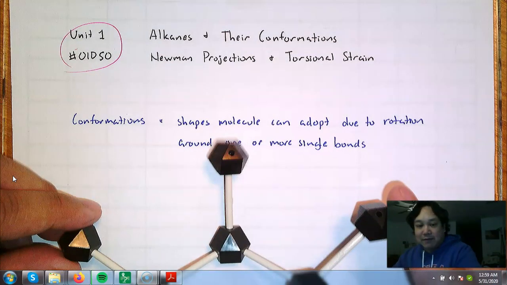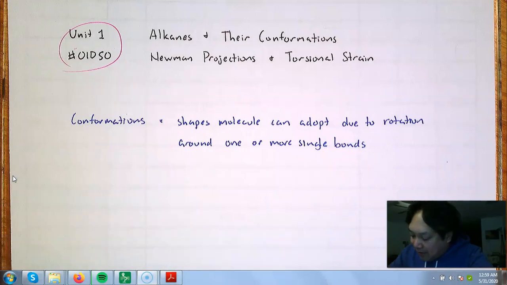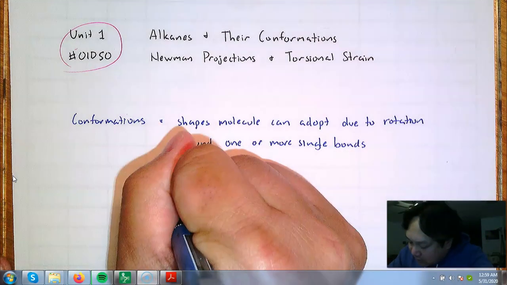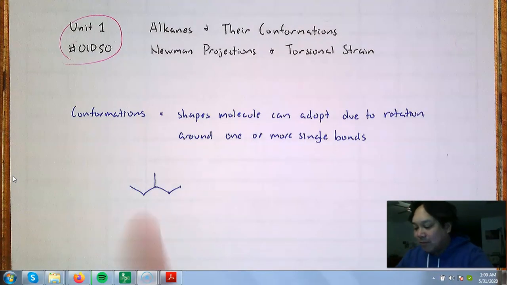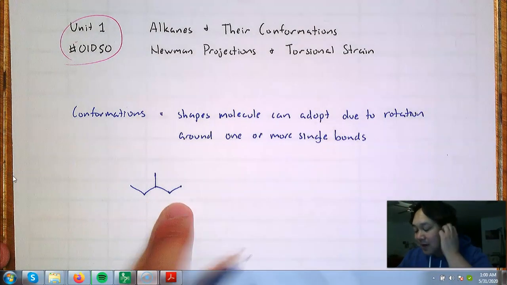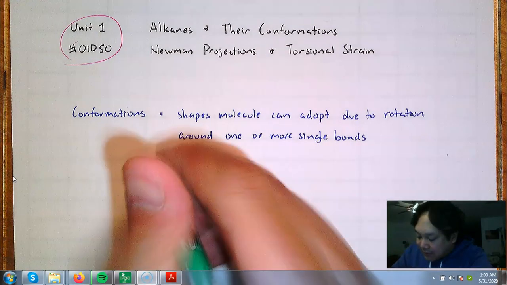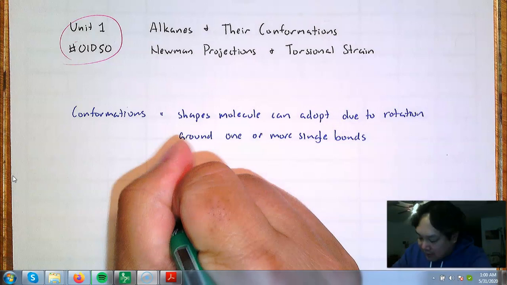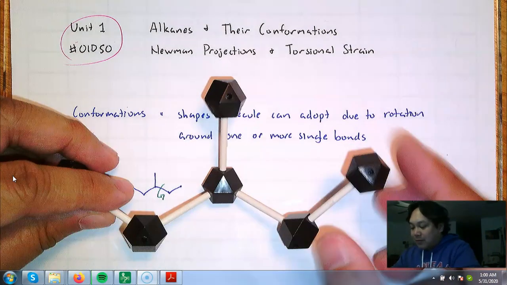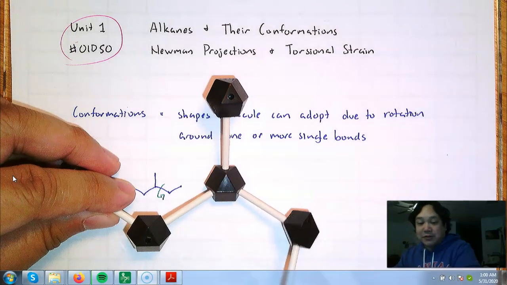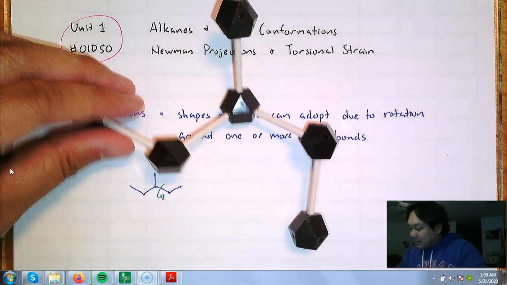So for instance, we could have a molecule that looks like this, and if we draw that, okay, so there's a molecule, 3-methyl pentane, and if I start twisting some bonds, if I twist that bond or rotate it, what can happen is your molecule now assumes a different shape, and now it looks like this.